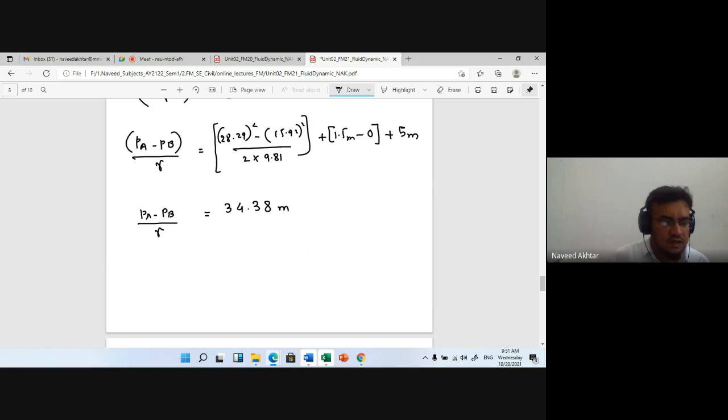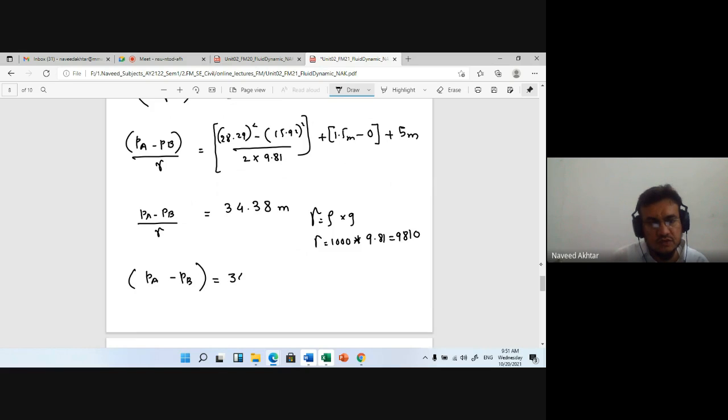Okay, so we know that gamma is nothing but rho into g. For water, g is 9.81, or 9810. So we can write Pa minus Pb, the difference between the pressure that you have to find out, will be 34.38 into 9810.